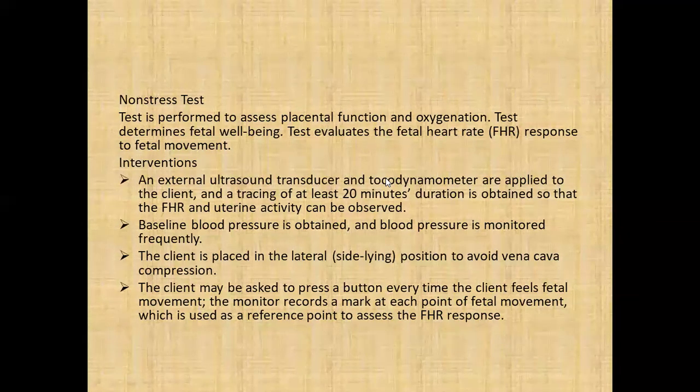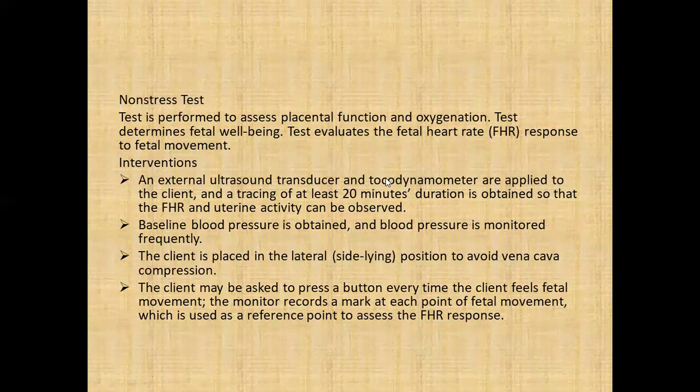Under normal circumstances, whenever there's fetal activity, we want to see that the fetal heart rate also goes up. It's just like when you walk or run as an adult, what happens to your heart rate? Your heart rate goes up. The same thing applies for a normal fetus, or a fetus without any issue.